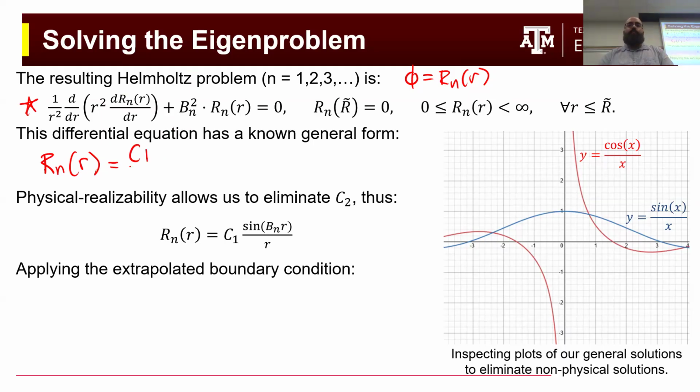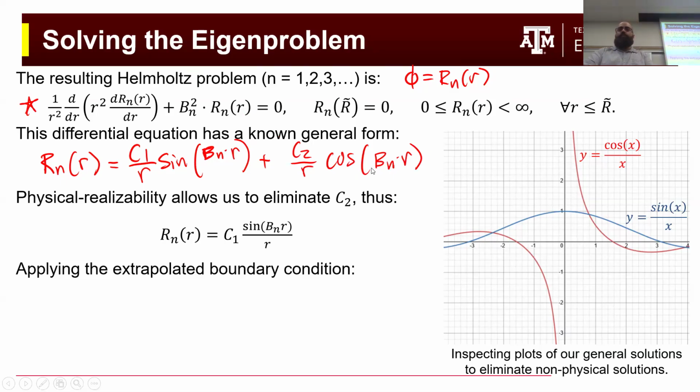So it's going to look like C1 over r times sine of bn times r, plus a C2 over r times a cosine of bn times r.